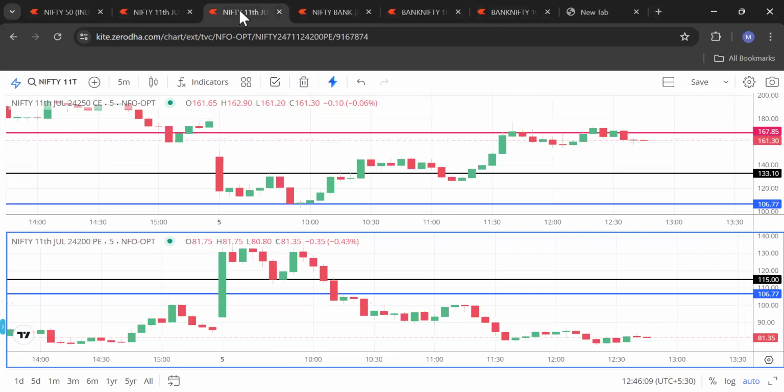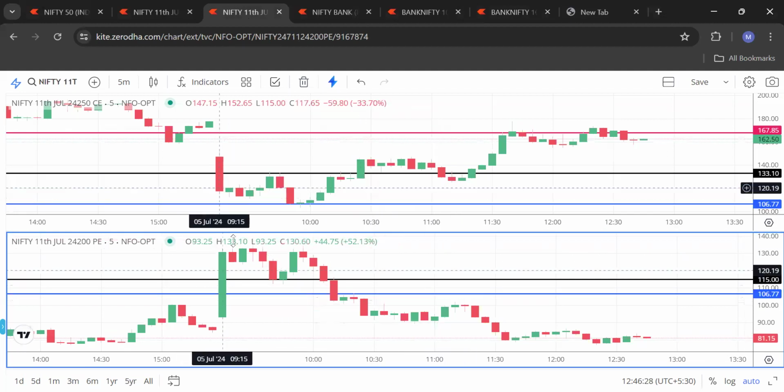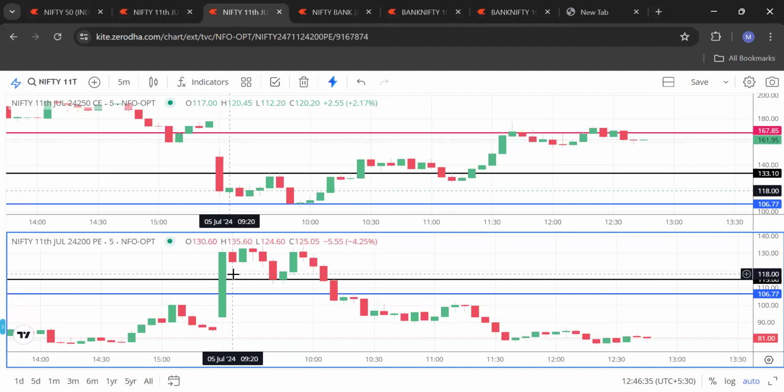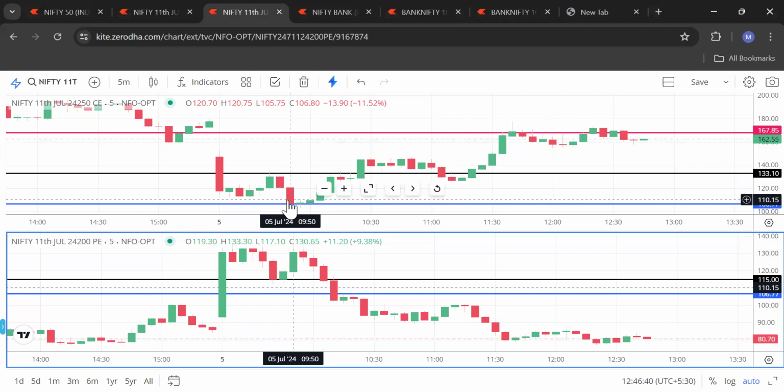In Nifty, since we couldn't find a common price on the 24,200 call and put, we changed and calculated the combined SPP of the 24,250 call and 24,200 put. That's all. Again, that was 106.77. Same rule. This went up, it was above midpoint and also above SPP, but the other was below midpoint, though not below SPP.